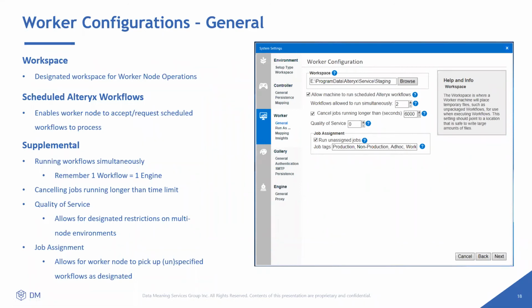This is important if you have not done a lot of benchmarking to your workflows. Not every workflow is going to run the same way or be equal in terms of what it's trying to do. You might have some workflows that take 5 or 10 seconds to run, but you might have others that are hitting very large sources of data, and they need to do joins and they need to do all of these complex calculations.